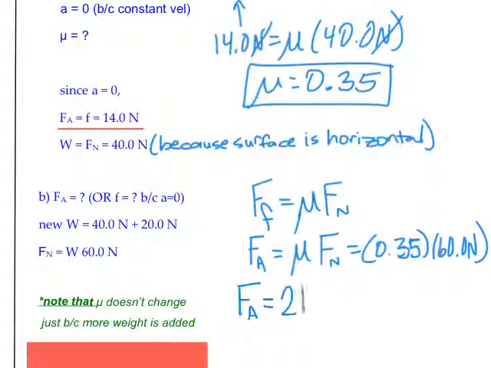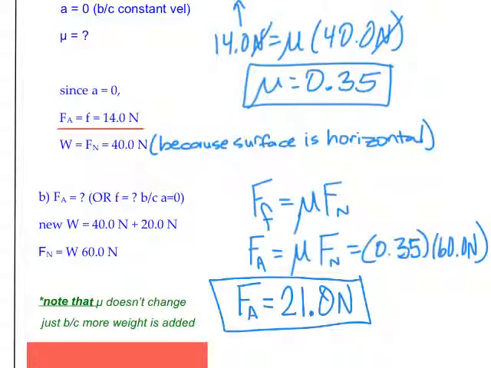So when we multiply these two together, we should find that we need to apply 21 newtons to keep that block moving at a constant velocity. And just think, this answer does make sense because the block is heavier, so we should require more force to keep it moving.